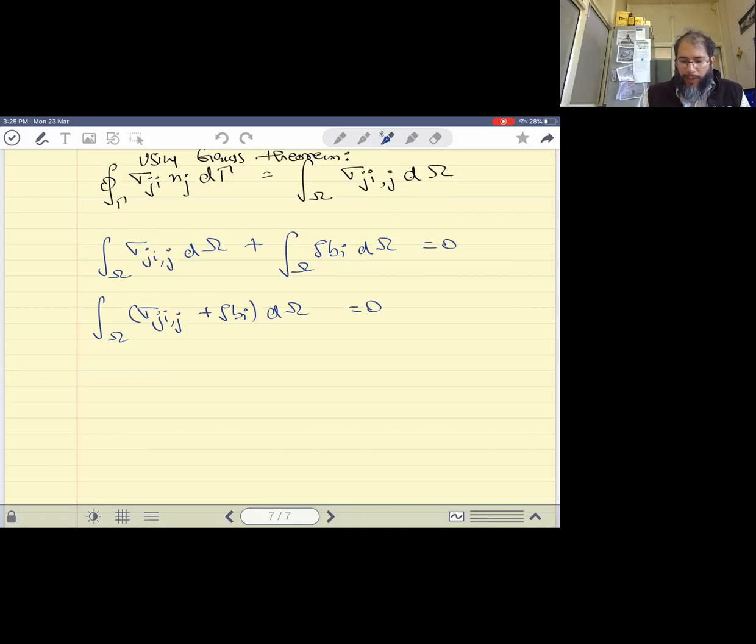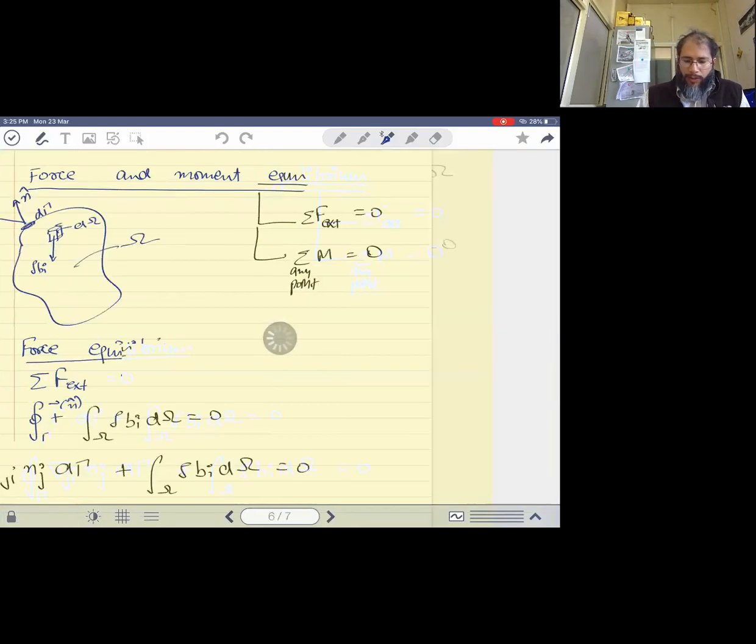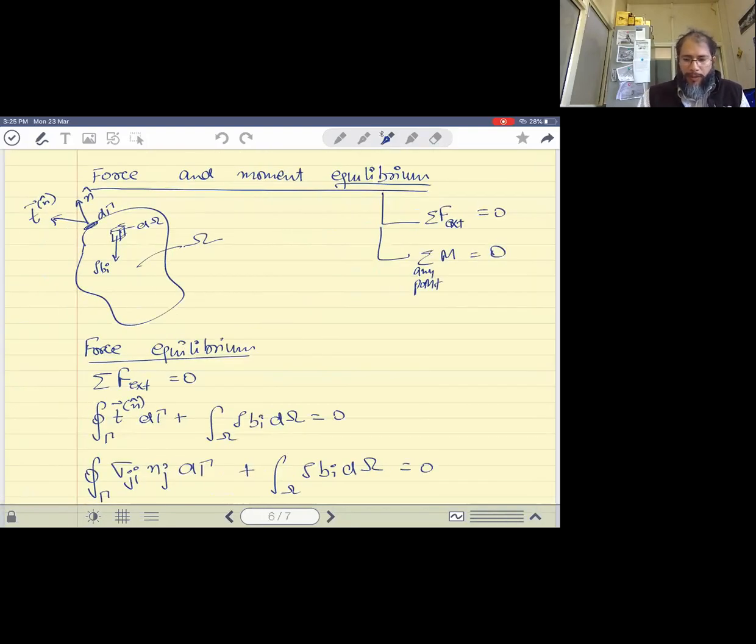Now we had taken the complete volume as the omega volume that we started with, but we could also have started with a part of the body. Instead of taking the whole body, we could have started with some part of the body and applied the force equilibrium over it, because every part of the body individually is also under equilibrium.